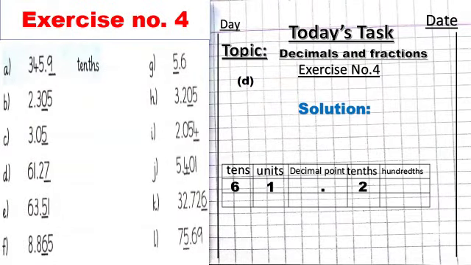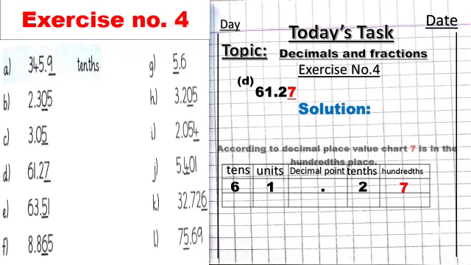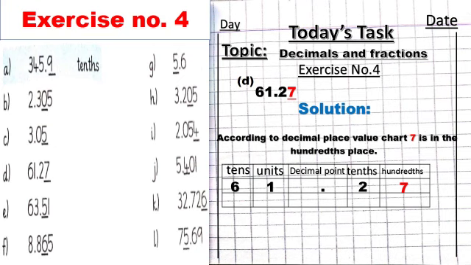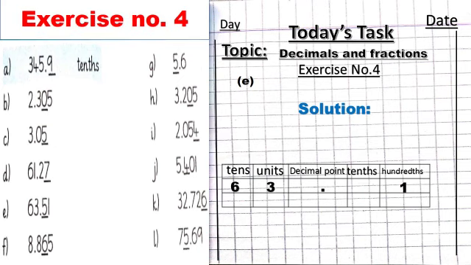Let me solve part D, that is 61.27. So dear students, here we will identify the place of digit 7 because 7 is an underlined digit. To identify the place of 7, we will draw the decimal place value chart just like this. So look at this chart, 7 is in the hundredths place. So dear students, according to the decimal place value chart, 7 is in the hundredths place.